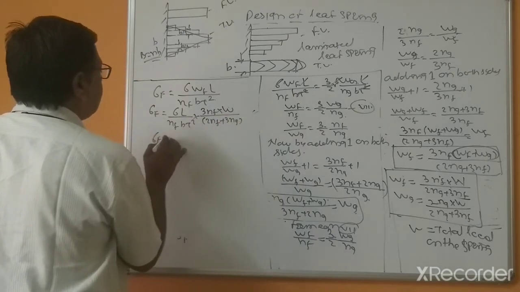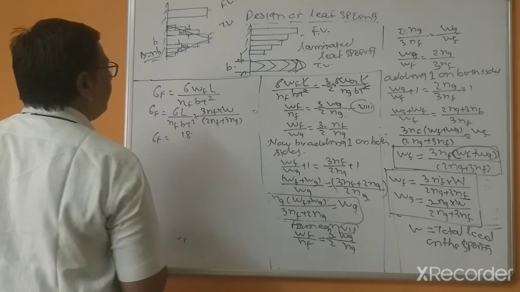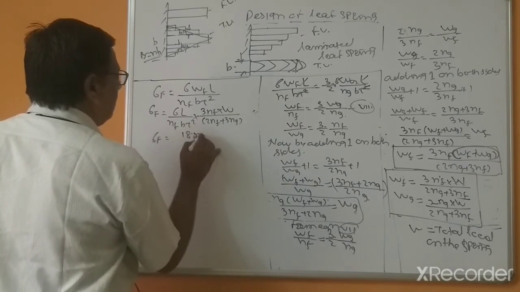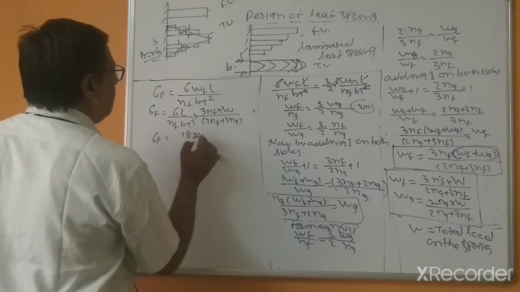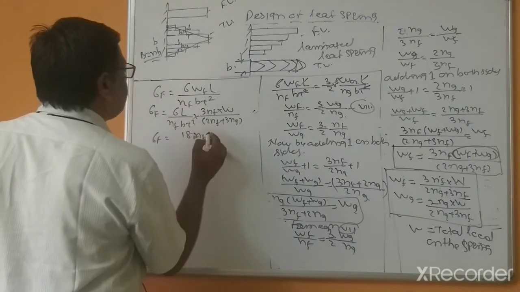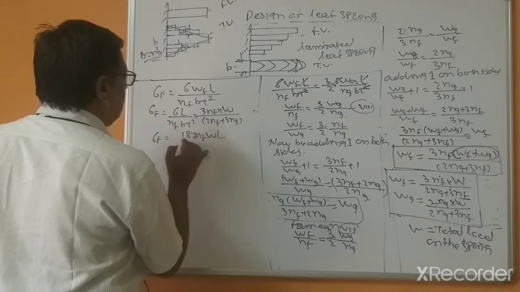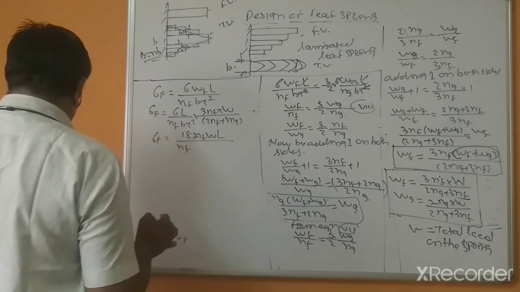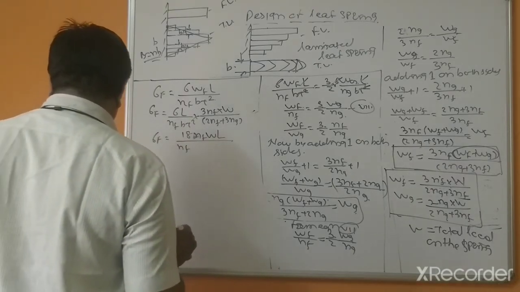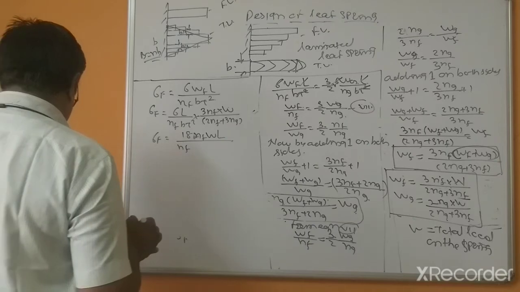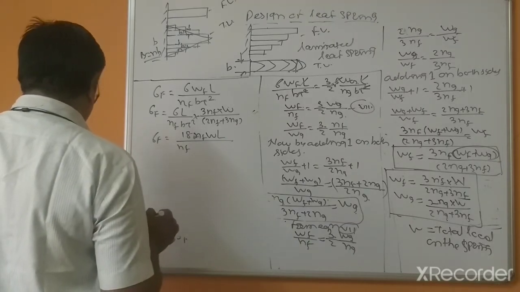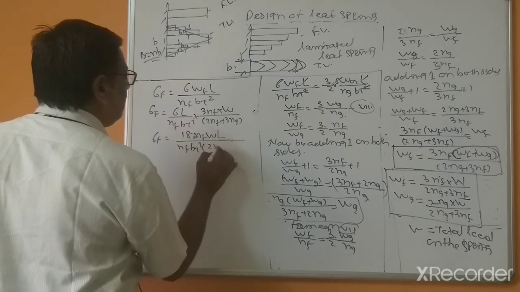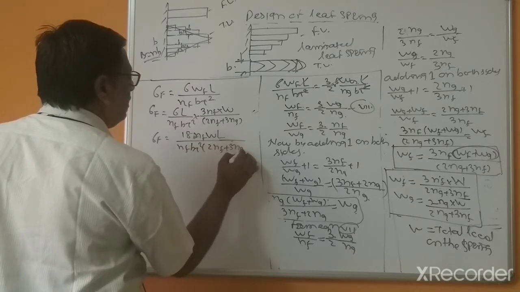So this formula becomes now 18 Nf, the total number of the full springs, multiplied by WL divided by Nf B t squares, and this is 2Nf divided by 3Ng.